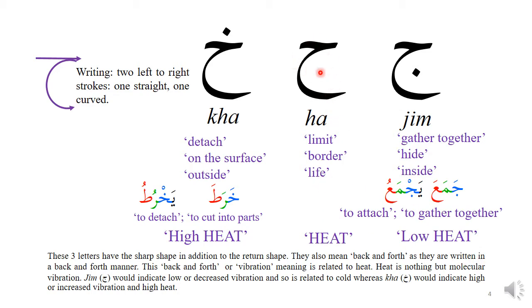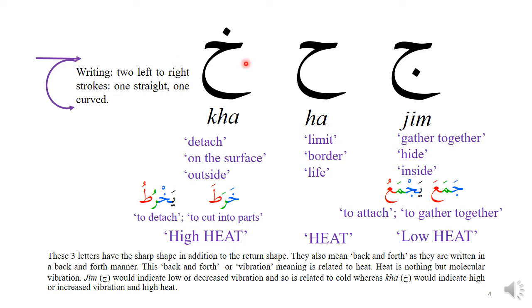So harun or harara means heat, which is related to this Ha group of letters. And then the Jim would mean low heat or cold situation, because here the dot is placed below. And then the Ha would mean high heat because the dot is up. So it makes sense. I mean, it's very logical. The reason it represents heat is the way it is written.